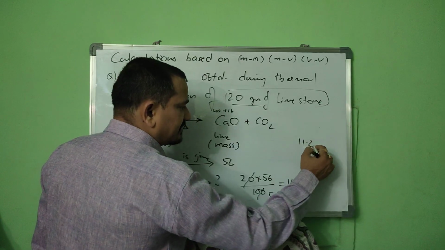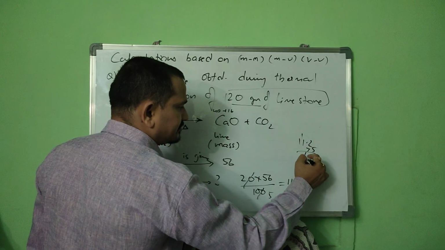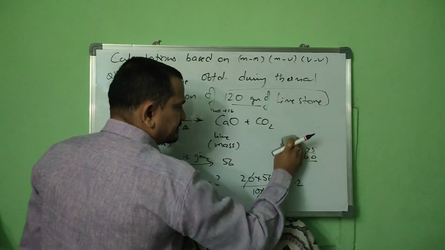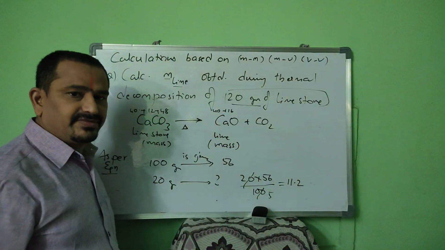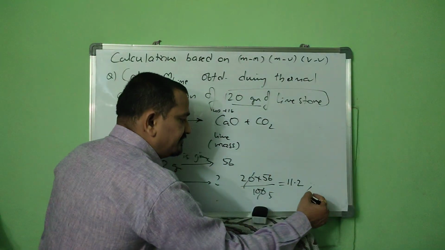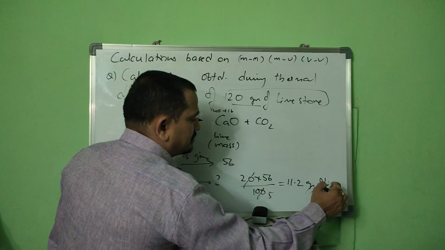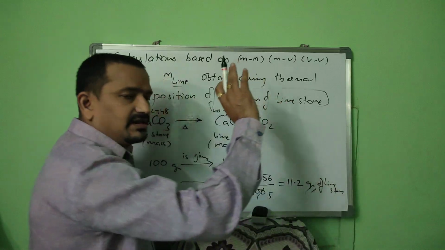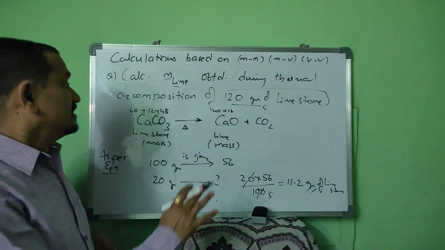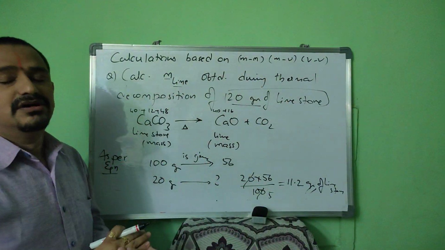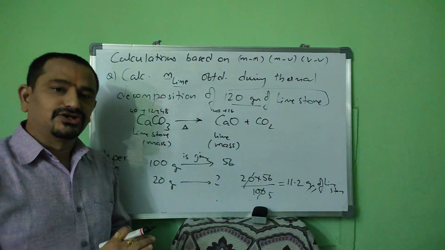See, you have to cross check 11.2 into 5. Understood? So, this sort of numericals, 11.2 grams of limestone. So this sort of numericals also are there in our stoichiometry.